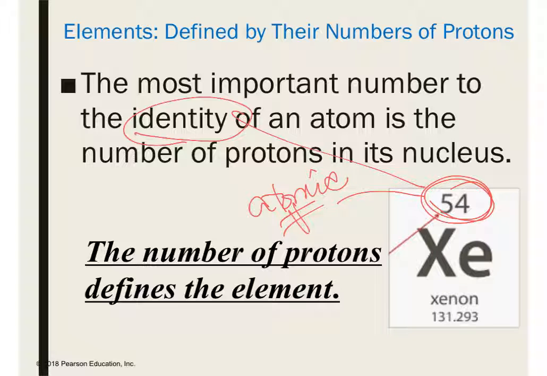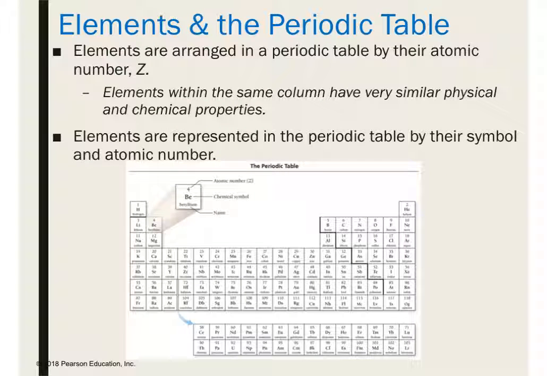An element can have different numbers of neutrons and electrons, but it must always have the given number of protons. Elements are arranged in our current periodic table by their atomic number. So hydrogen has 1 proton, helium has 2, etc.